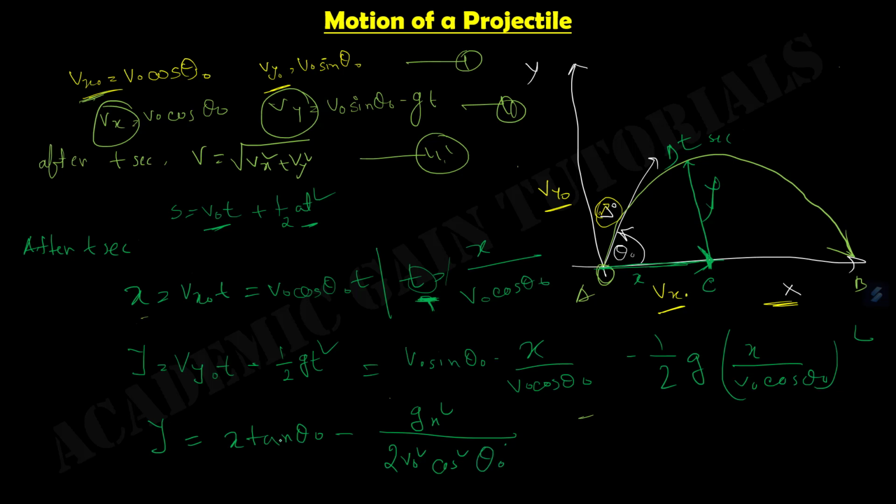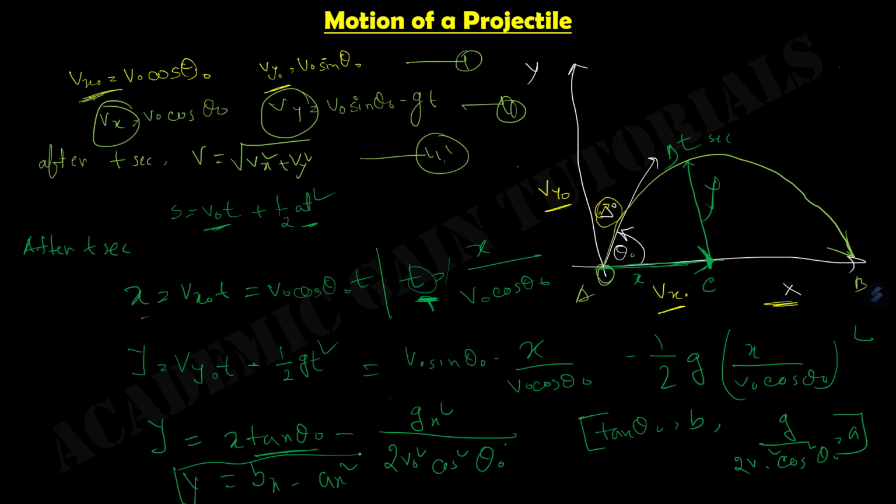So if I replace tan theta with b, and g by 2 v naught square cos square theta naught as a, then the equation will look like y equals b x minus a x square, and this kind of equation is known as a parabolic equation.